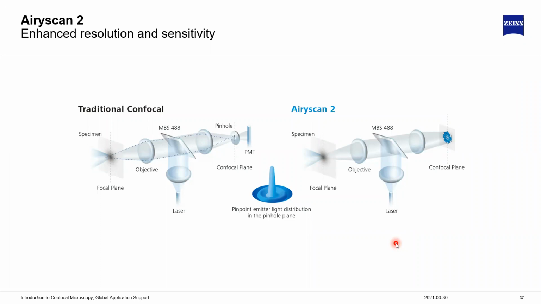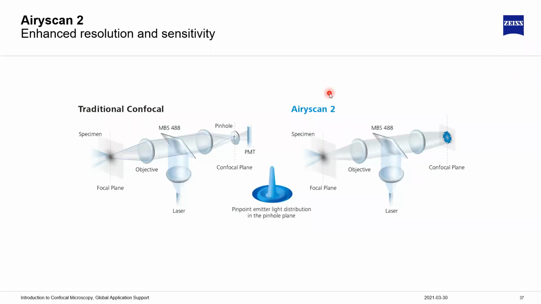The addition of the Airyscan detector to a confocal microscope is basically not rocket science. Basically, you just add another detector to your confocal microscope. Nothing changes. You still have your traditional confocal microscope, and now you have, in addition, an Airyscan detector.